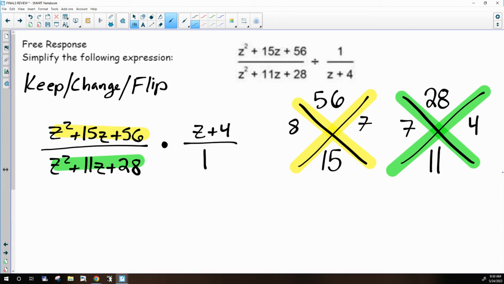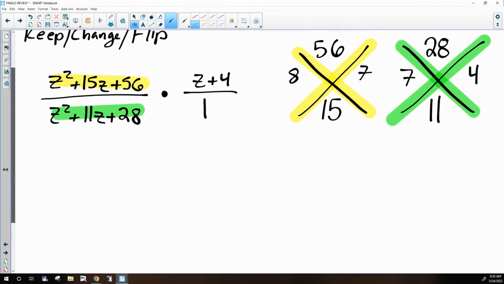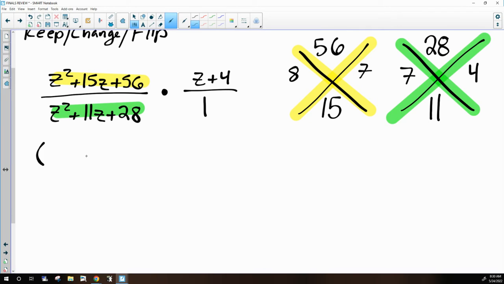Now we need to rewrite our entire problem, but instead of writing the yellow and the green over here on the left side, we need to rewrite them as factors. So how do I write this 8 and this 7 as factors? Draw your parentheses.